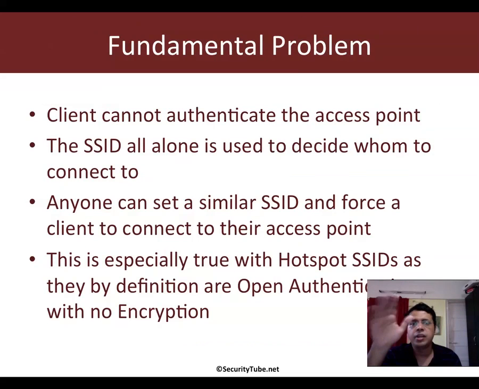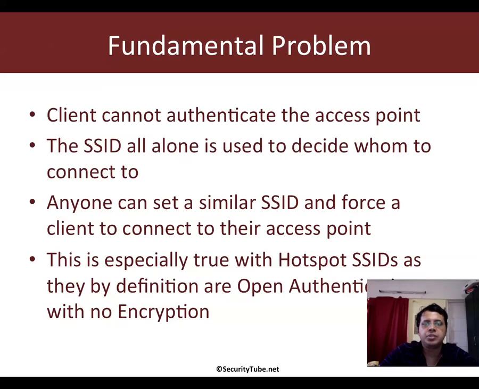So here is the fundamental problem. In Wi-Fi, currently the client is not trying to authenticate the access point in any way. If it sees an SSID anywhere in the air, wherever it might be, it just blindly believes that this is the actual infrastructure network it had connected to previously. So here is the hack.